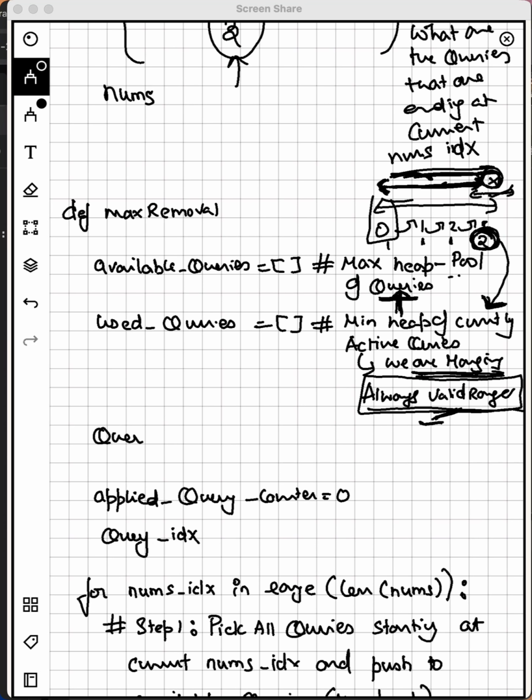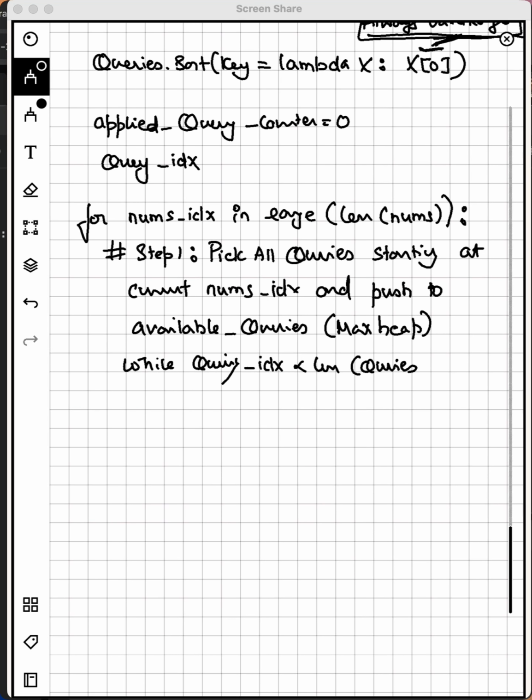So queries dot sort of key, it has two values. We will use the first value to sort the queries in ascending order, and this is in place sorting that we are doing.